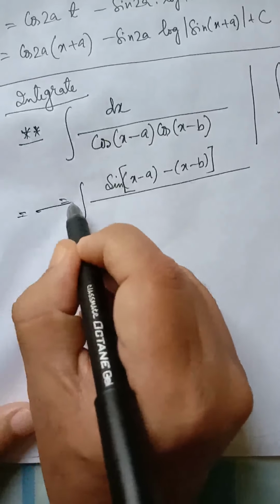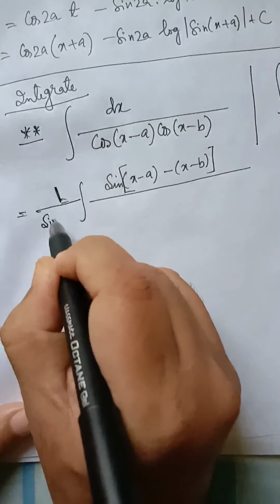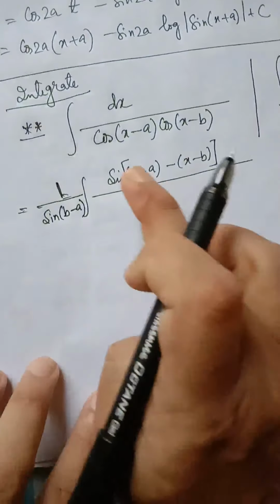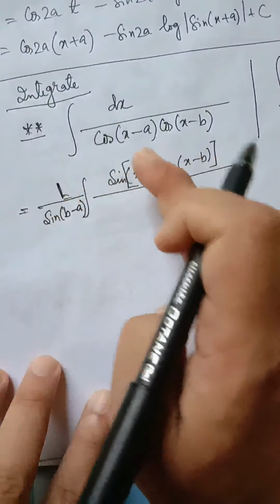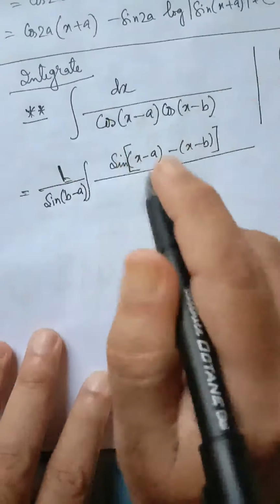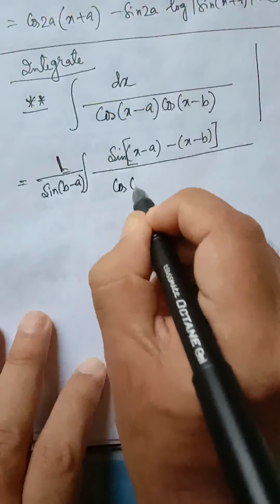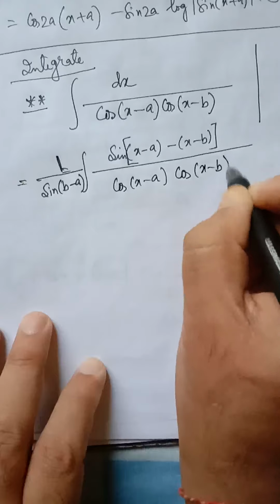And to adjust, because sin(b − a) is constant, there is no x involved in it, we will write sin(b − a) here as well. These two will get cancelled, and we'll get the given integral only. This will remain: cos(x − a) cos(x − b).